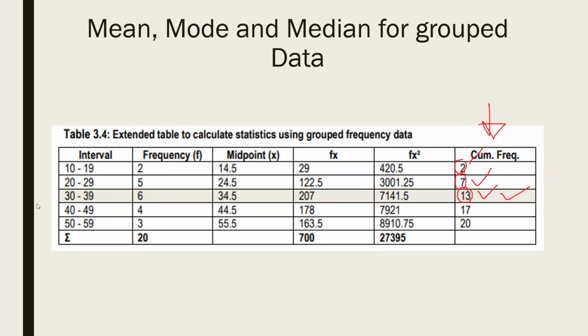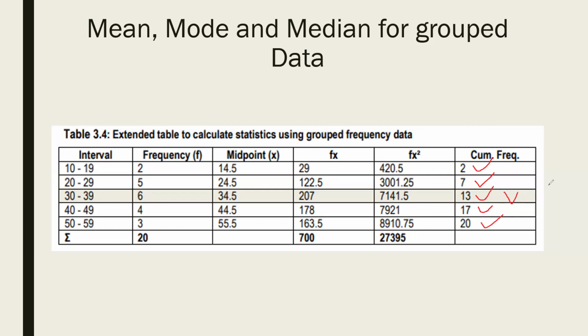Like I said, the last position of the class is determined by this value here. So the last position is 2 here, second class. The last position in this class is the 7th position. The last position in this class is the 13th position. The last position in this class is the 17th. The last position is the 20th. So I can already tell the 10th position is in this class.